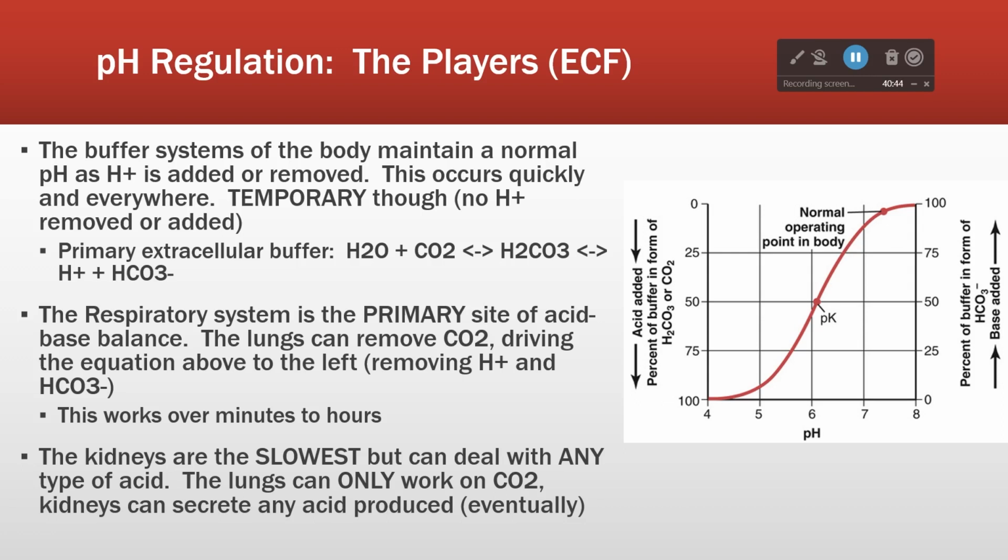Our system lives up here instead of down here on the steep curve; we live up here on the flat part of the carbonic acid bicarbonate buffer curve. Again, you don't have to calculate anything, but I do want you to know that we're not at the equilibrium point. We're actually way up here towards the bicarbonate side.